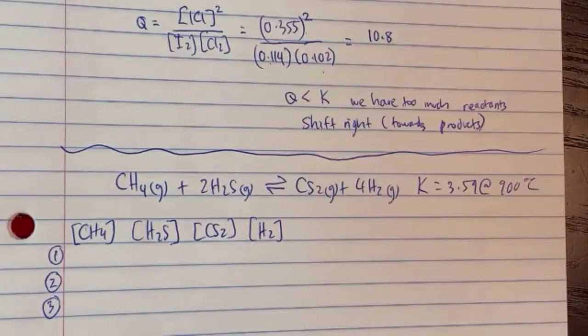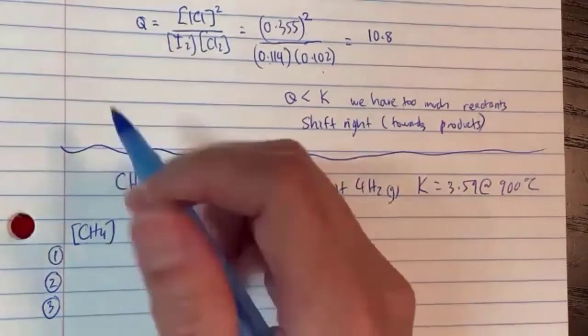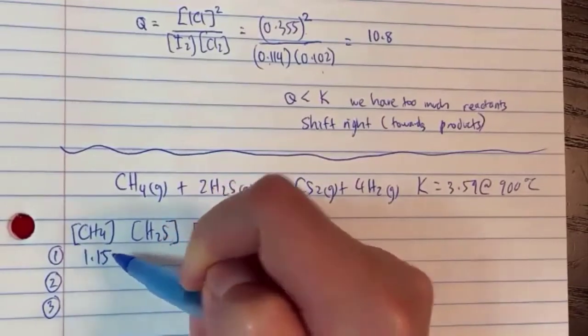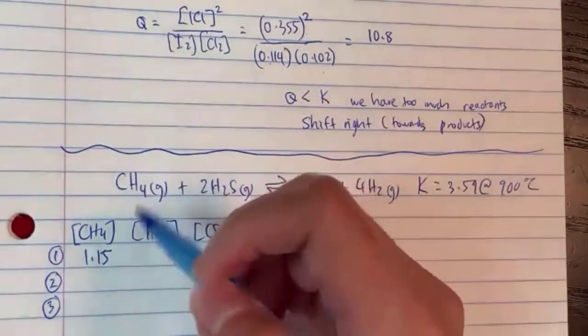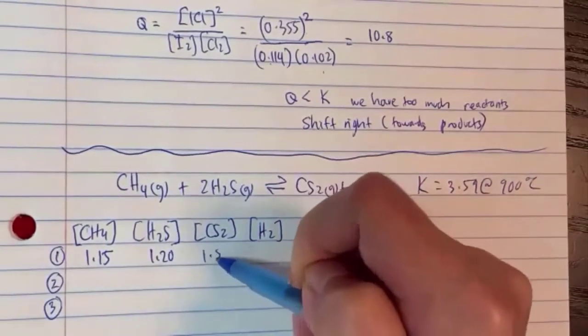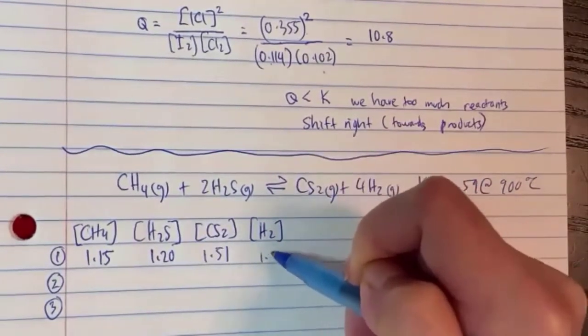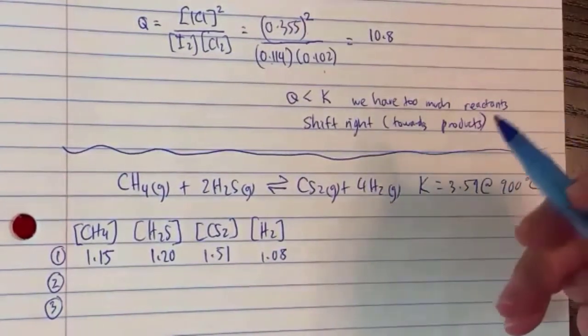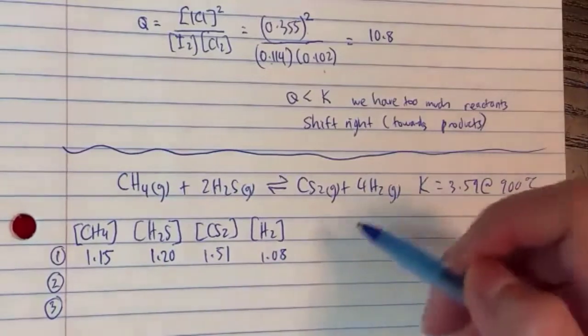So all of them goes in, okay? So in the first reaction, they have 1.15, because this is in molarity, and then 1.2 of H2S, 1.51, and 1.08. So they want you to find which way will it shift with the first reaction.